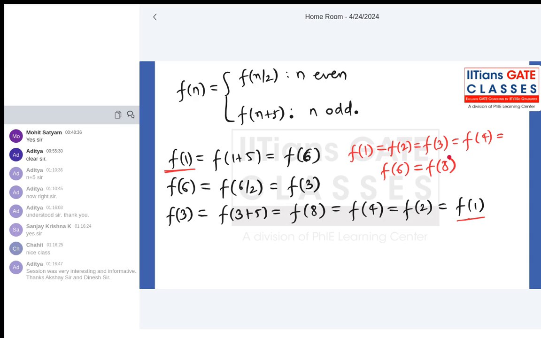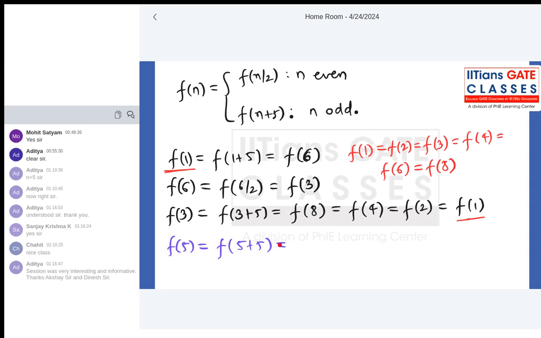But now what is remaining? Now 5 is remaining, so let's consider 5. Maybe we'll use a different color here. So if you put f of 5, 5 is an odd number, so that will become equal to f of 5 plus 5.